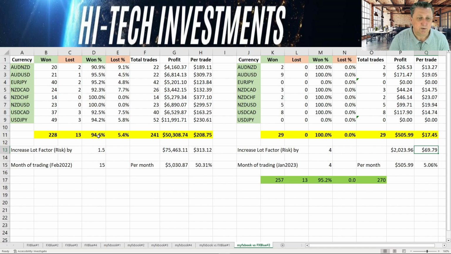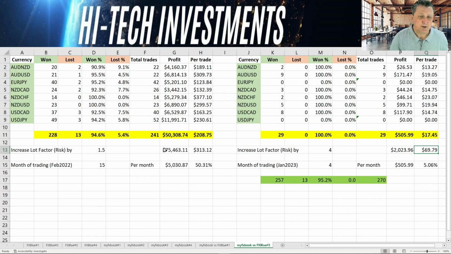You would end up with a winning rate of 94.6%, losing rate of 5.4, total trades 241. And if you would have used that particular lot size that they have here, it's just over $50,000, 208 per trade basically in here.